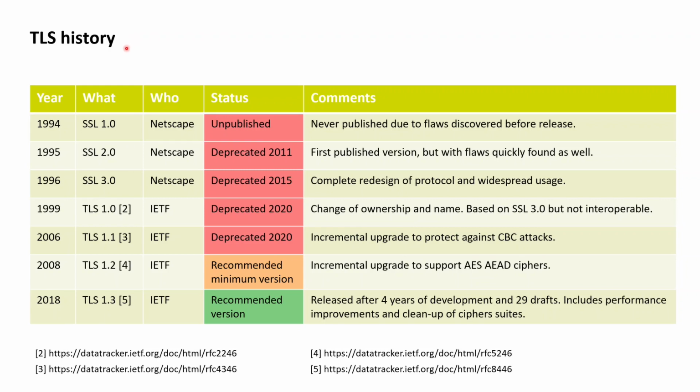SSL version 1.0, developed in 1994 by Netscape in collaboration with world-renowned cryptographer Taher ElGamal, was actually never publicly released due to security flaws discovered beforehand. The first publicly released version of SSL was then SSL version 2.0, released in 1995.